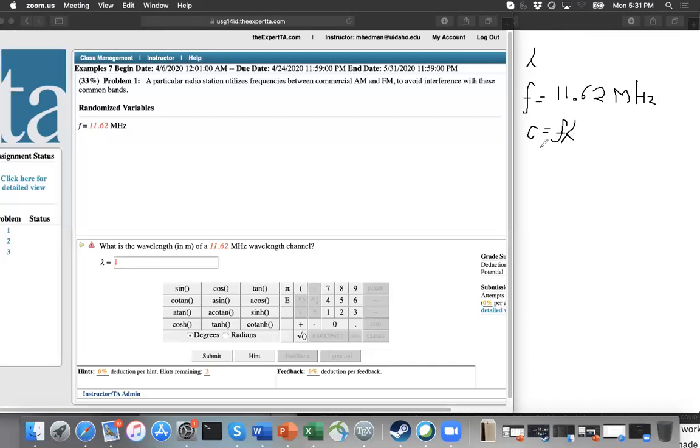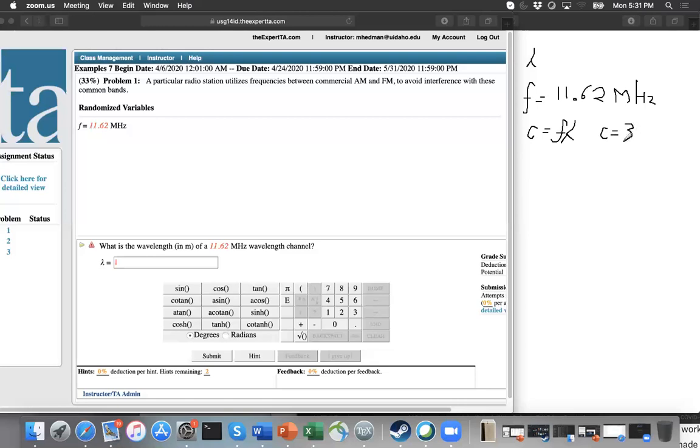Now, do we have everything we need? We're looking for lambda. We're given f, but we have this final thing, c. Well, fortunately, we know what c is. c is the speed of light, and that is one of those fundamental constants of nature.